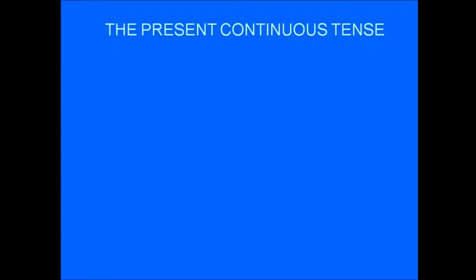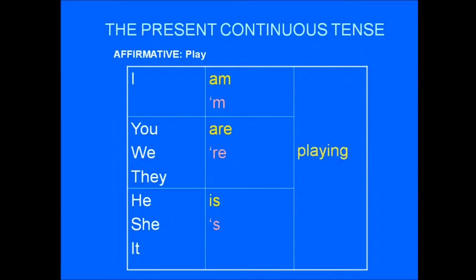Now just have a look at the form of the present continuous tense. The affirmative form is the subject followed by am, is, are, and then verb plus ing.